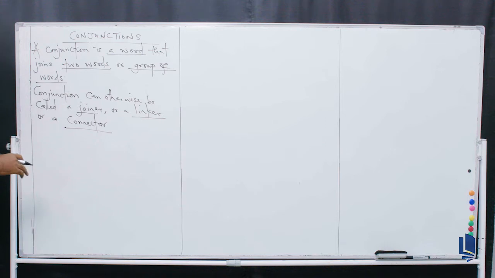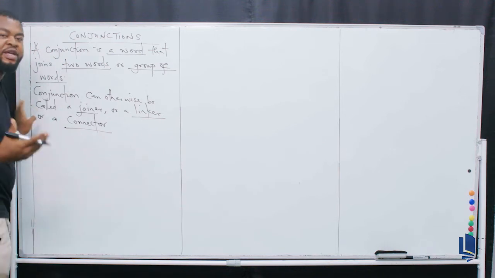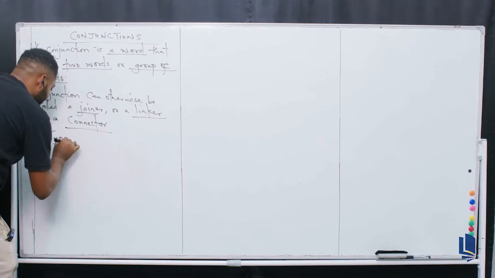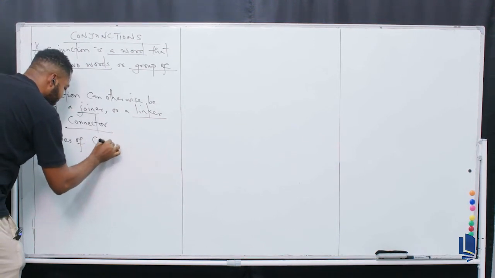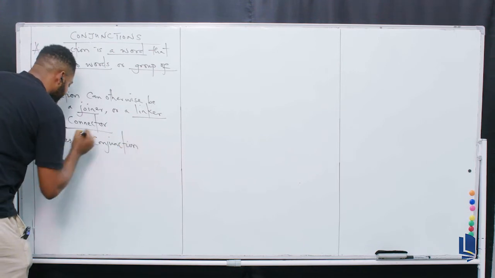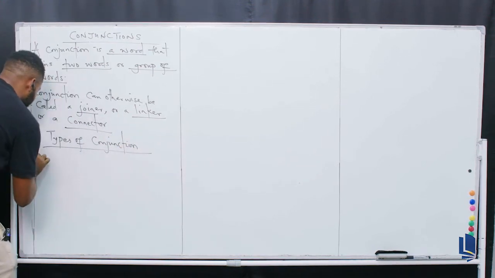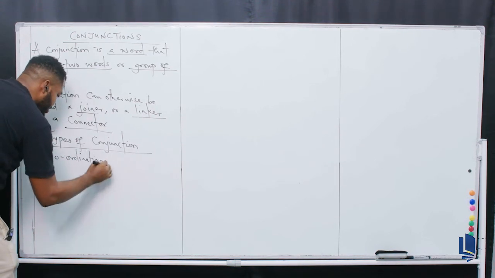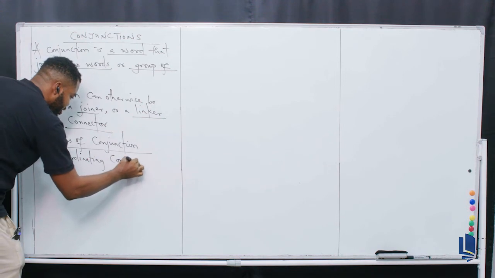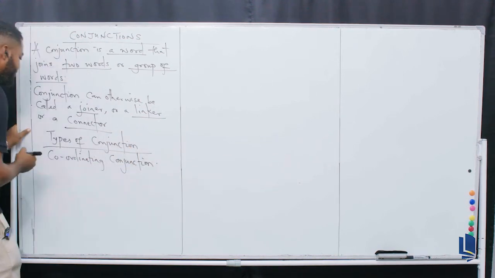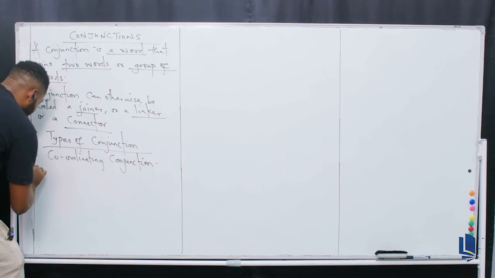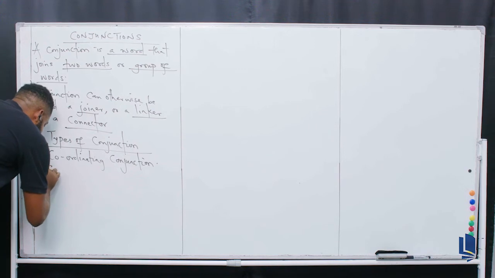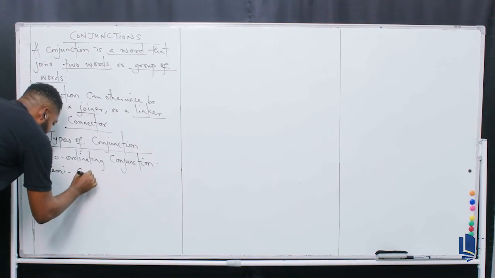Now remember that we have different types of conjunctions, okay? So let's consider them. Types of conjunction. The first one is coordinating conjunction. Second, number 2, we have semi-coordinating conjunction.